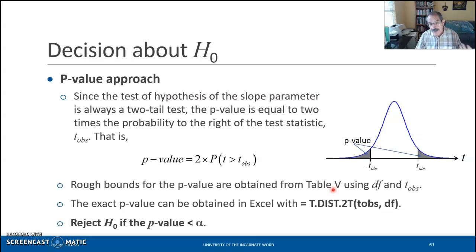If we want to find the exact p-value, we can use Excel with this formula. And the same rule that we have been using since module 8 continues to apply. That is, if the p-value is less than alpha, we reject the null hypothesis.